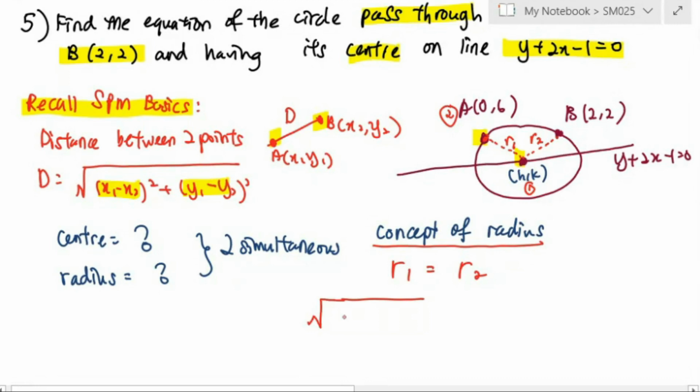So I take h minus 0 square plus k minus 6 square, which is the formula of the first radius. Then our second radius will be h minus 2 square plus k minus 2 square.